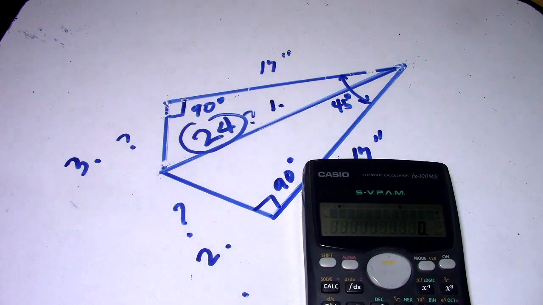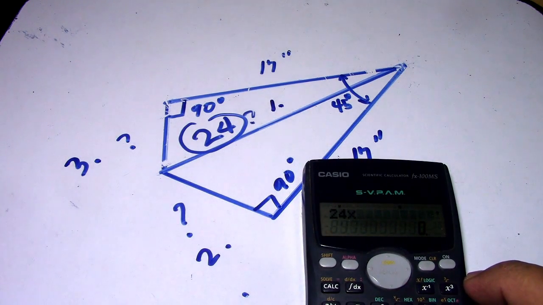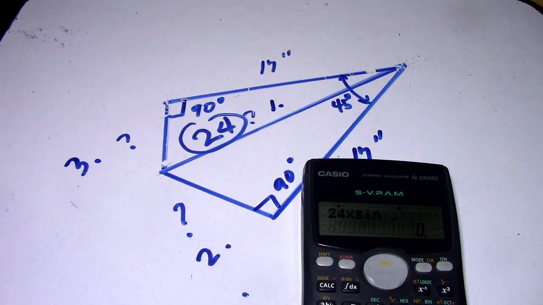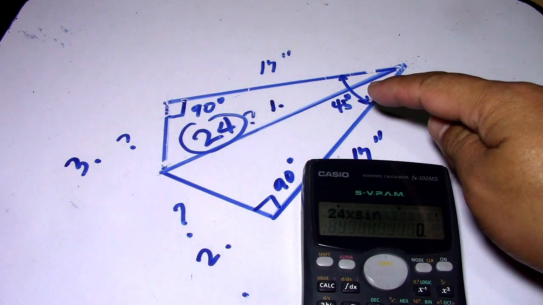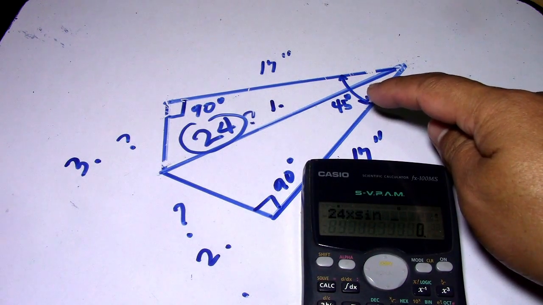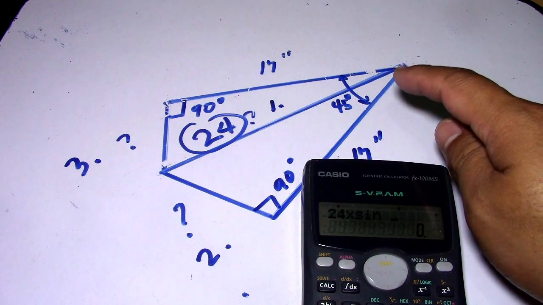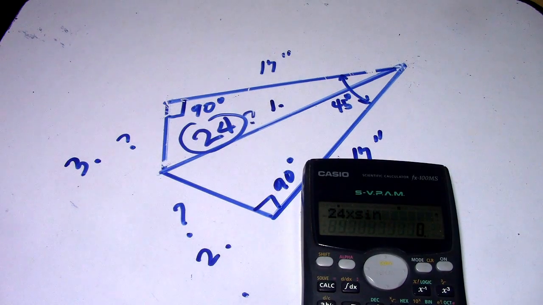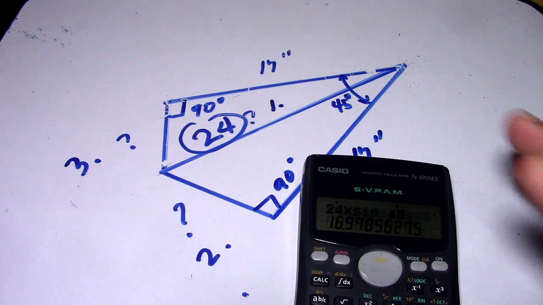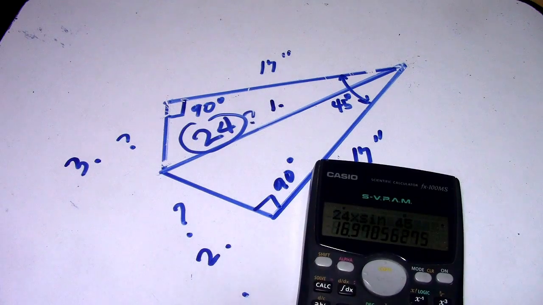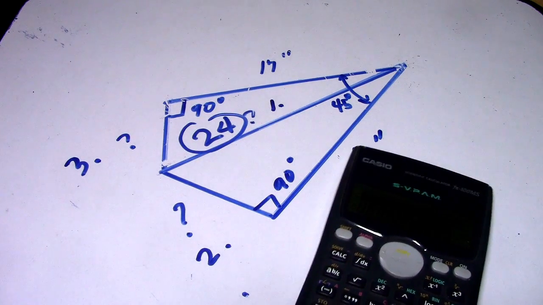Using the calculator, 24 multiplied by sine of 45 degrees, and we now have an answer.